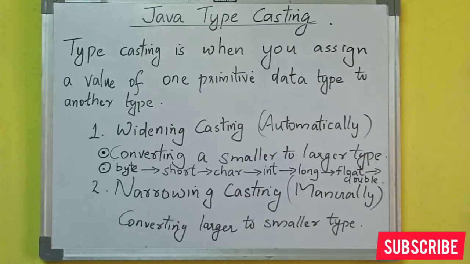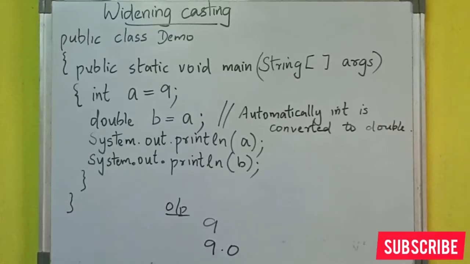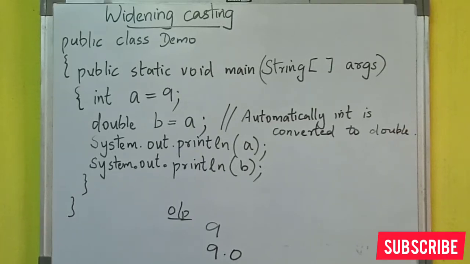Similarly, narrow casting is a manual casting method in which the programmer or the user has to specify the casting from which primitive data type to which you are going to convert. So basically it is converting a primitive data type from a larger type to a smaller type. So this is a sample program to explain the widening casting.